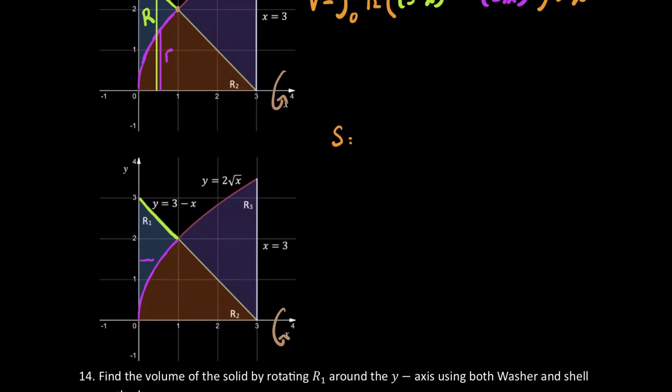So for the lower portion, this is how we get the width of that shell, or the width of that rectangular slab. And this is the top portion.